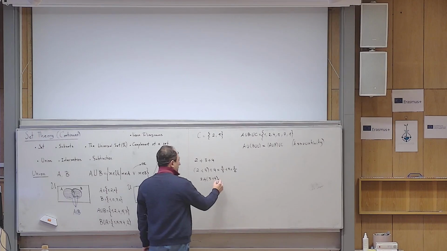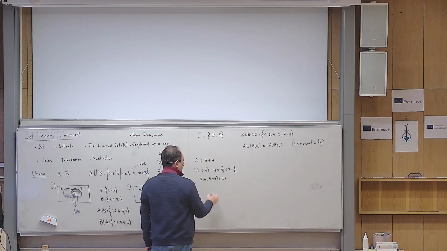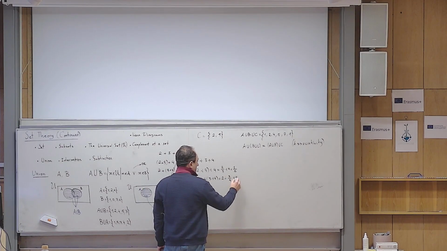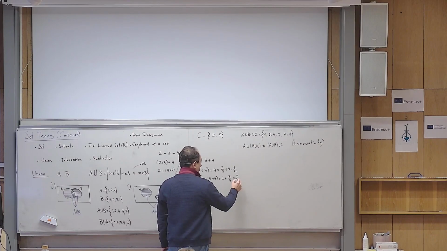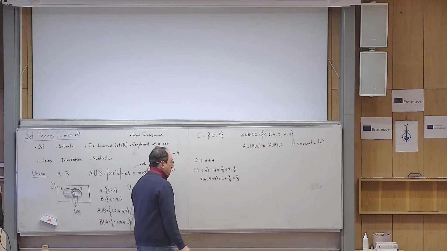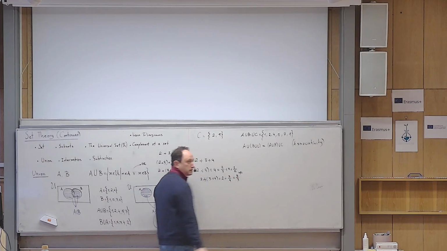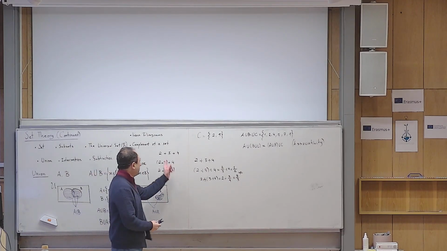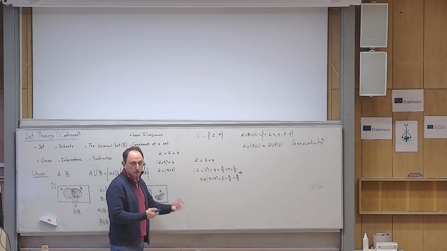But if I ask you what this is, this becomes 2 divided by, this time I have to do this one first, so it becomes 3/4. And if I divide that, it becomes 8/3. Then you see that the answers are not the same. So we say that addition is associative, but division is not associative.